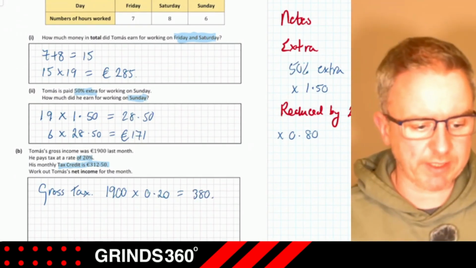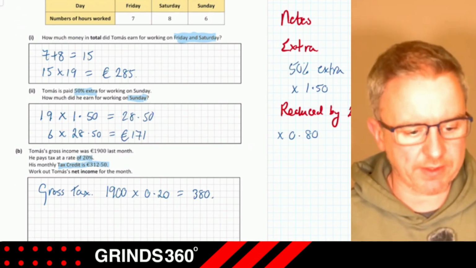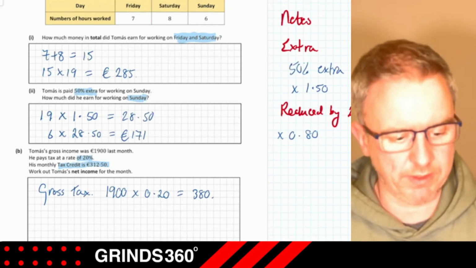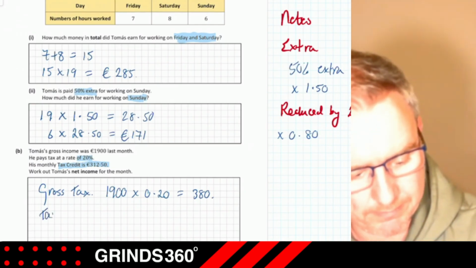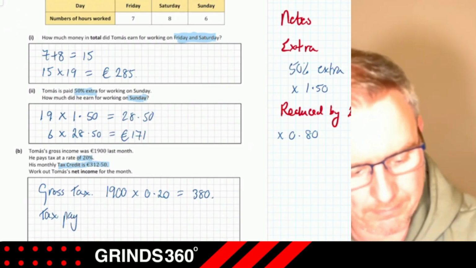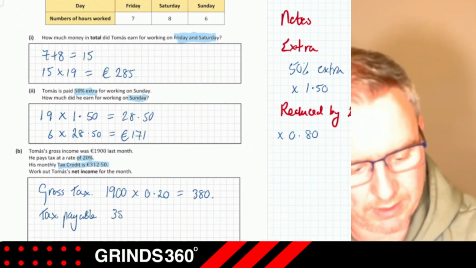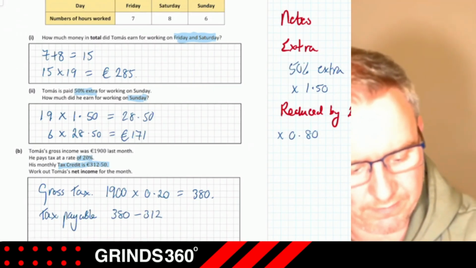Next part, okay, your tax credit. So what do they mean by this tax credit, okay? So the tax credit, I don't have to pay tax on this particular amount, all right? So it's a tax credit. So to get your tax payable, all we're doing is we're coming along and we're saying 380 minus your 31250.